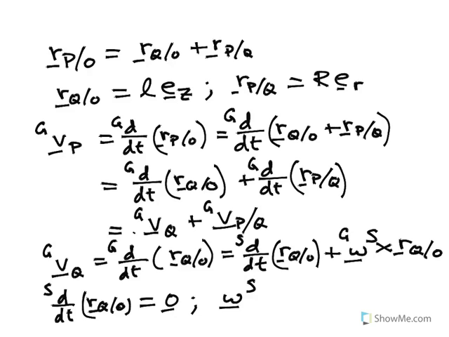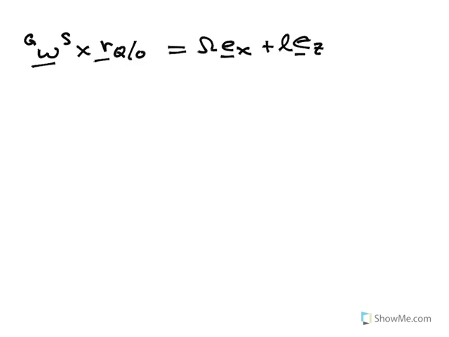The angular velocity of the shaft as viewed by an observer fixed to the ground is omega EX. So omega SG crossed with the position of Q relative to O is omega EX crossed with L EZ, which is equal to L omega, and EX crossed with EZ is equal to negative L omega EY.